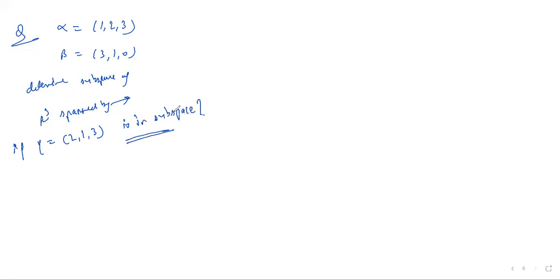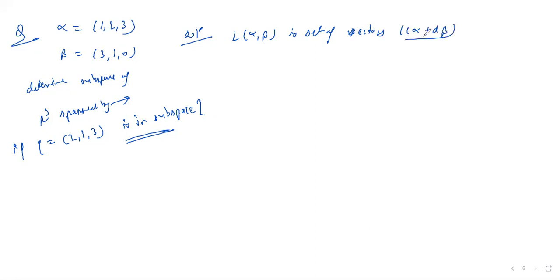For this, let's say L of alpha comma beta is the set of vectors c alpha plus d beta, which is a linear combination.